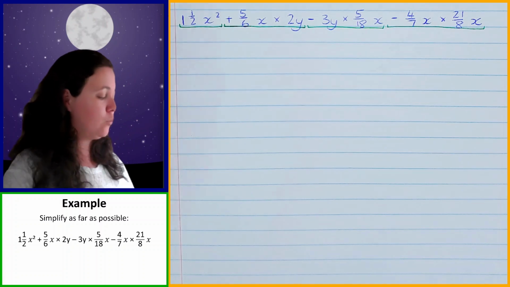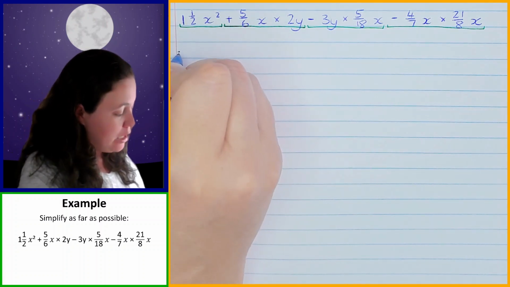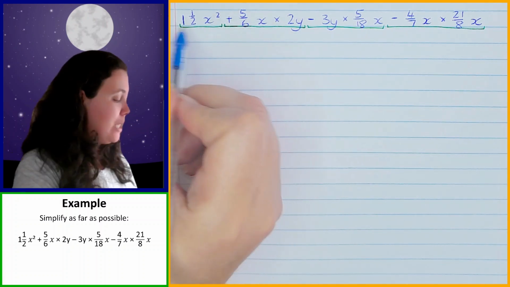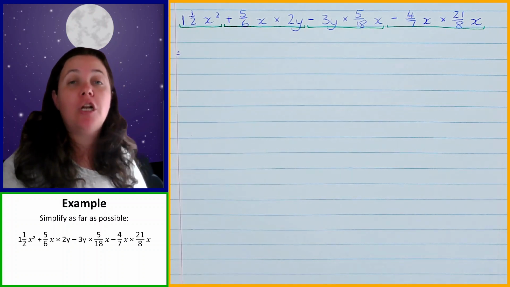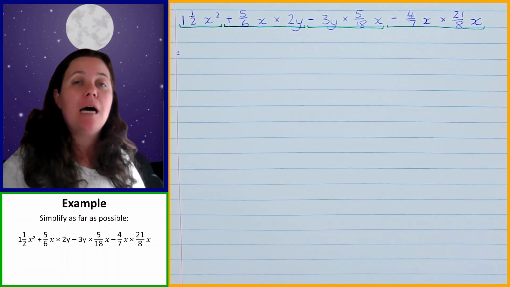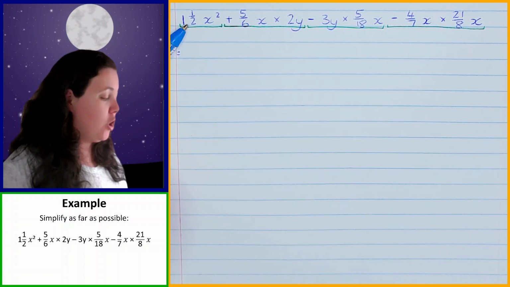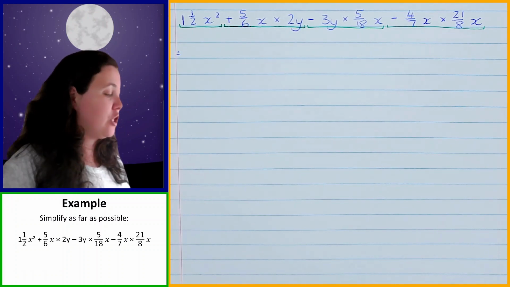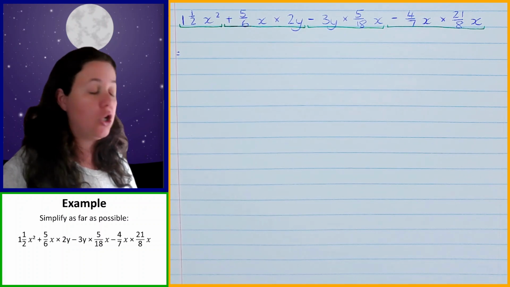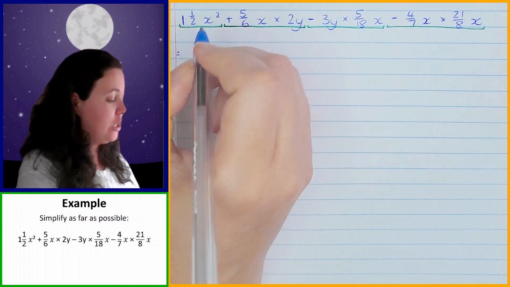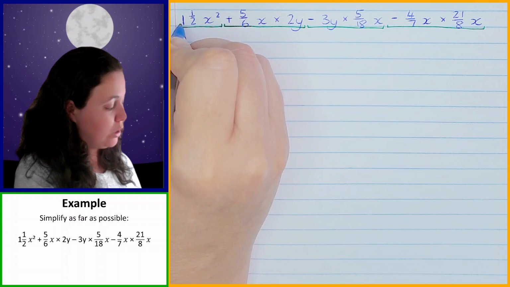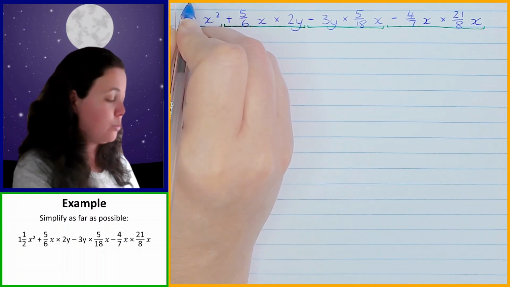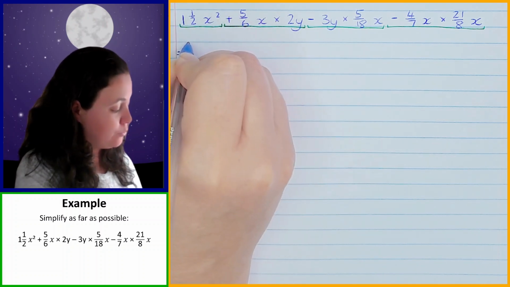Right, so now let's have a look at what we need to do in each of these terms. So in the first term, I don't have any calculations to do, but I want to convert that 1.5 to an improper fraction. I don't like having a mixed fraction because it's going to make things a little bit more difficult to work with later on. So 1.5 is the same as 1 times 2, which is 2, plus the top one is 3 over 2.